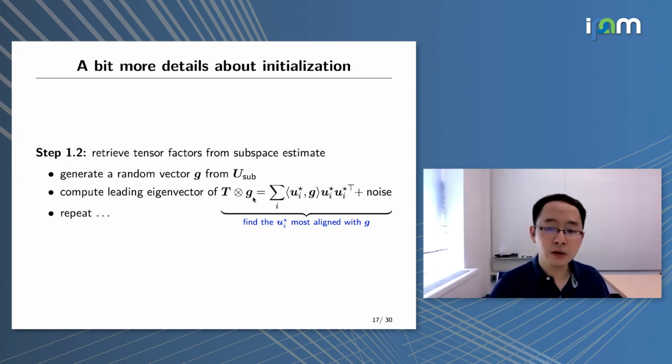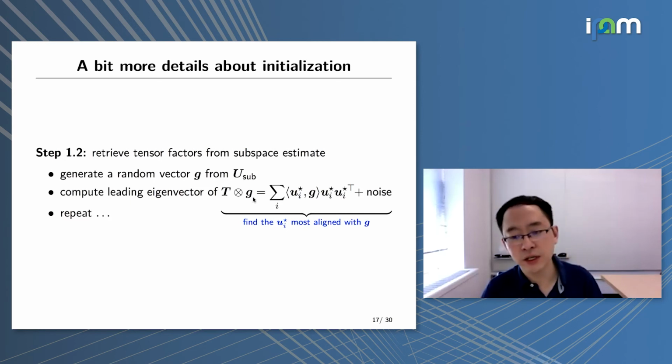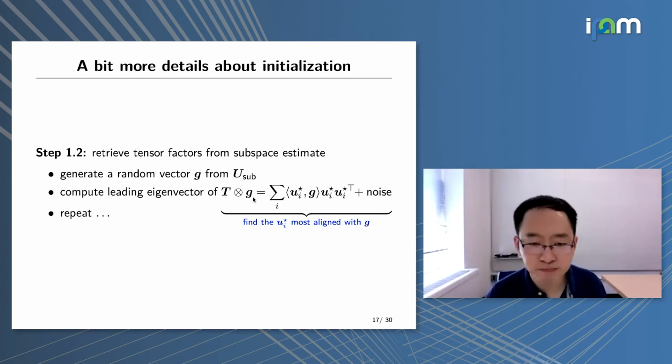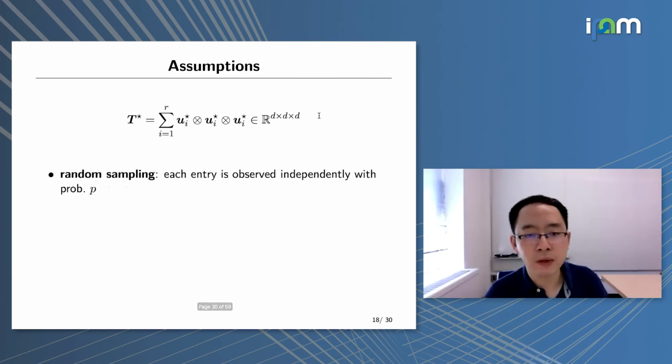As long as there's one direction that stands out, a simple spectral method, which is basically computing the leading eigenvector of this matrix, allows us to get an estimate of this direction. And we can do it one by one. Every time we just regenerate a random vector, estimate another tensor factor, and continue until we finish everything. So this is the second step.